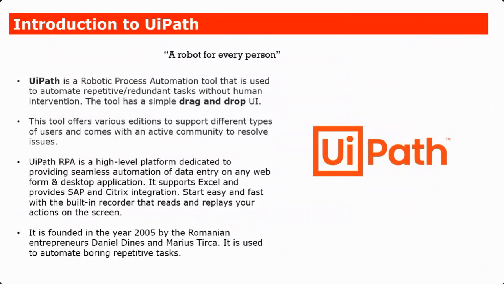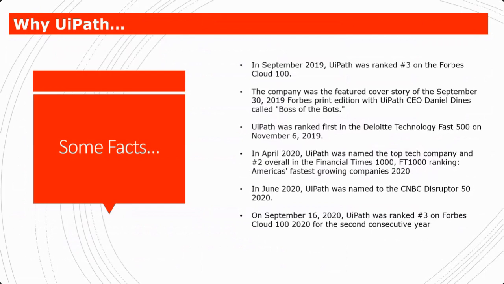And it was started in the year 2005 by Daniel, and it's being used across the globe now with a lot of customers onboarded. Here are some facts on why we are talking so much about UiPath, why not another tool, and how it is positioning itself in competition with the others, right?